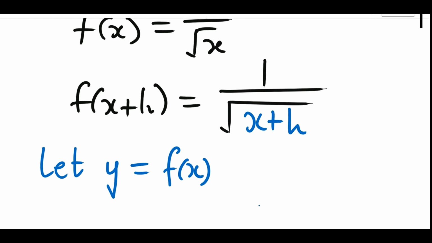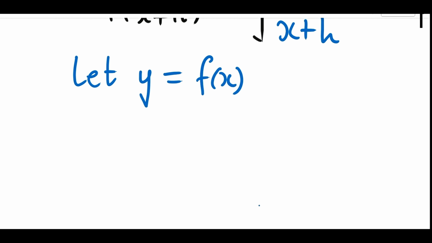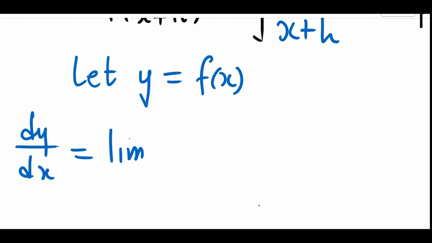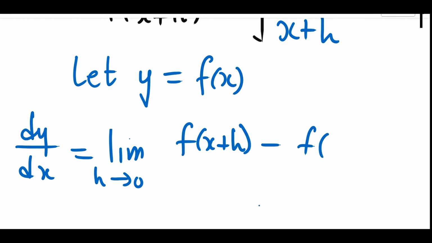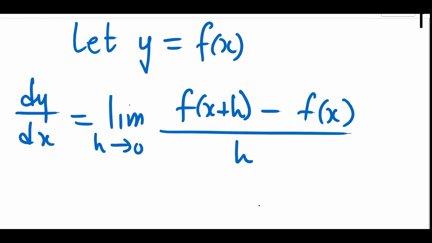So we can now use dy dx. It's going to be dy dx is equal to the limit as h approaches 0 of f of x plus h minus our original function f of x, all divided by h. So this is the formula that we'll be using.